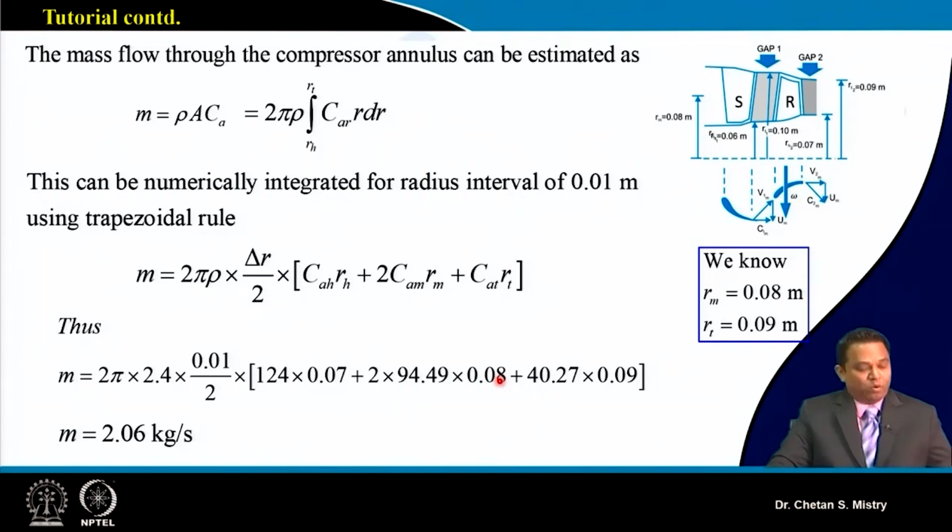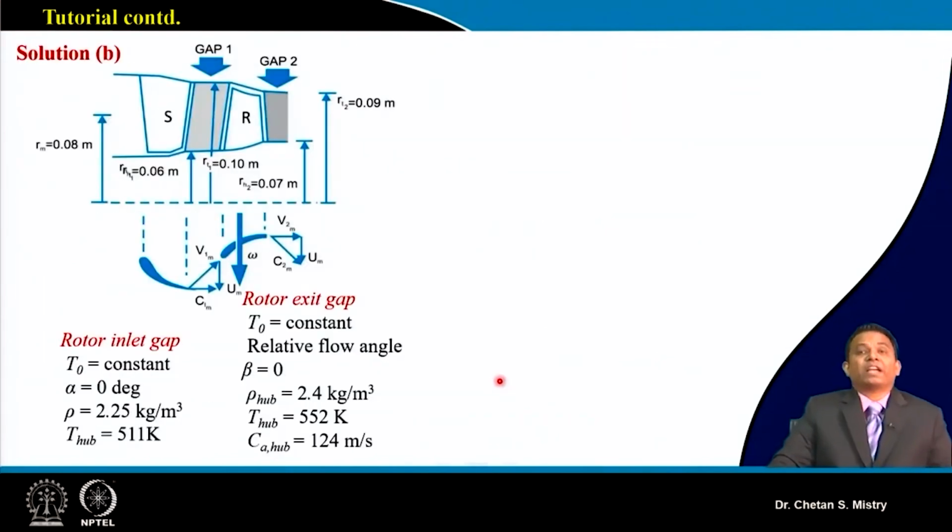Okay, now let's move to the second configuration. What they are asking for in the second configuration is our total relative pressure at the exit of my rotor. Now you can understand, if I am looking for relative total pressure, different parameters are required.